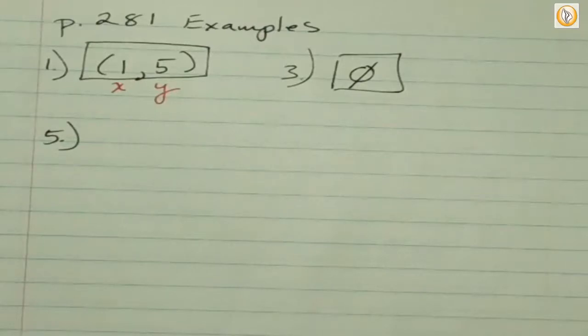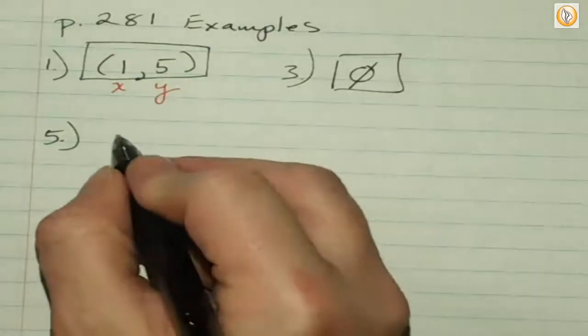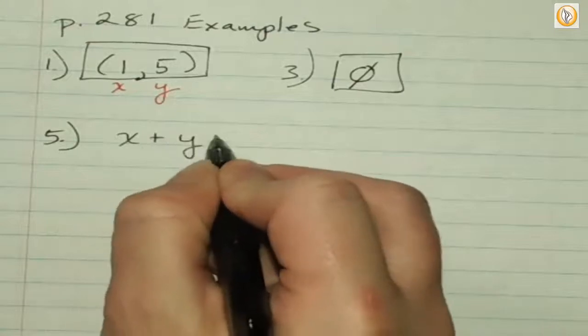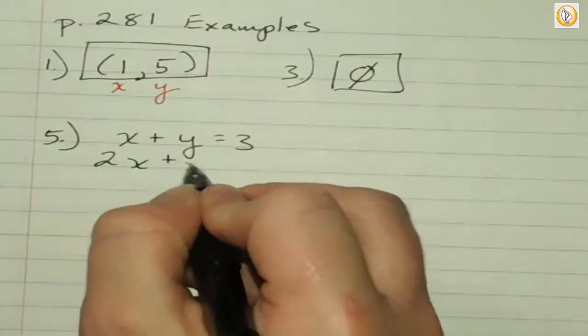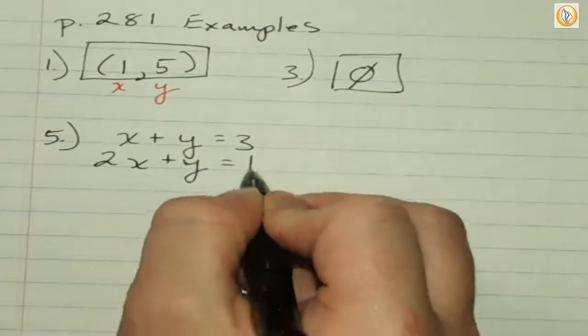Okay, determine whether -2 and 5 is a solution to each system. The reason I didn't check on the examples we did is because I knew we'd be doing this example. So they're saying, is -2 and 5 a solution to each system? So they give you x plus y equals 3, and 2x plus y equals 1.